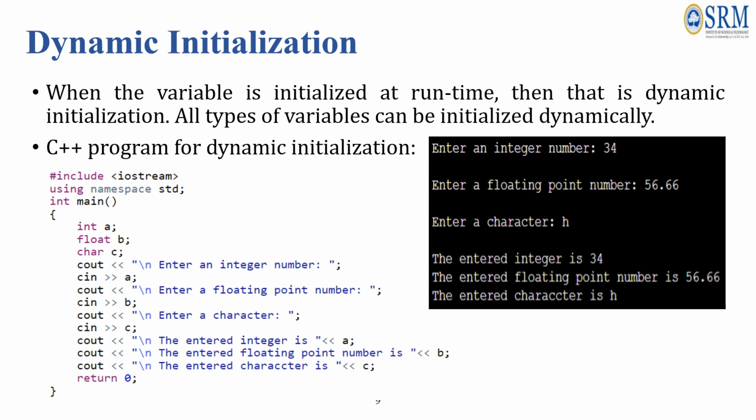While declaring, only declaration is done and no initial assignments are made. But while executing this code, when the values are received from the user, the values given by the user are assigned to a, b, and c. This explains dynamic initialization. All types of variables can be initialized dynamically.